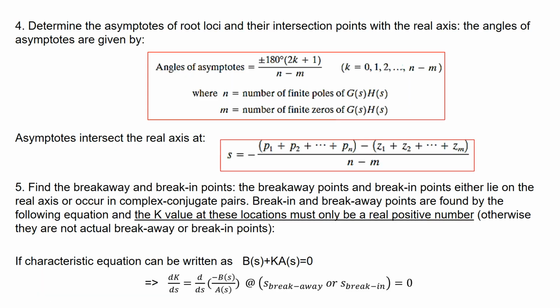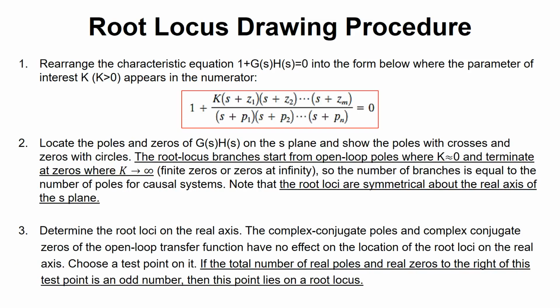And again, going back, this guy here, which was 2k plus 1 times 180, now becomes what? That 1 goes away, so it becomes 2k times 180, or k times what? 360, of course. And the other rule that does change is this one here, which says the total number to the right of the test point is an odd number.